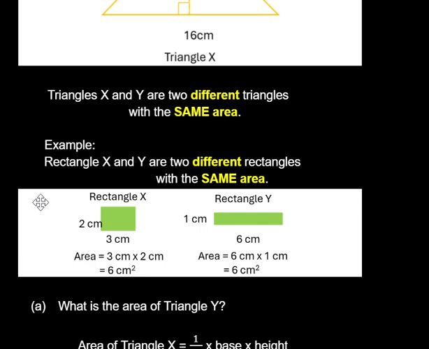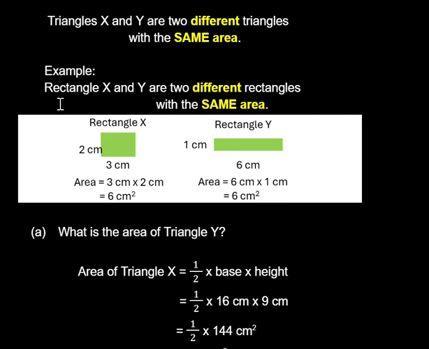For you or your child to understand, you can use a simple explanation because they are familiar with rectangles. I use the same statement, but replace triangle with rectangle: rectangle X and rectangle Y are two different rectangles with the same area. I have a rectangle X here and a rectangle Y here.